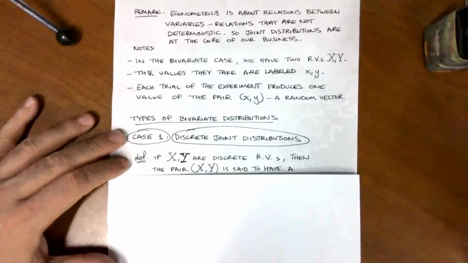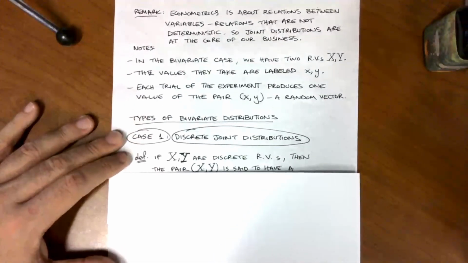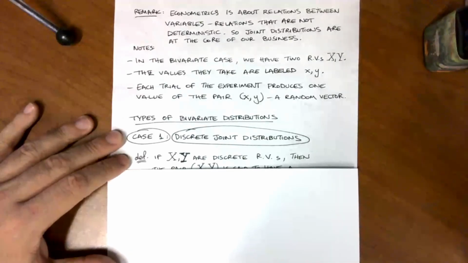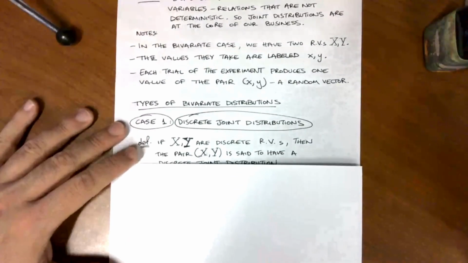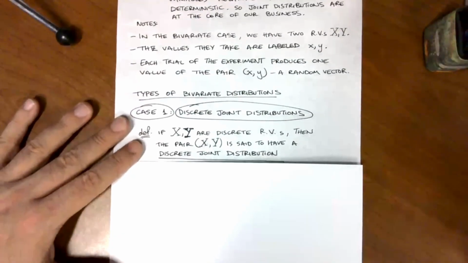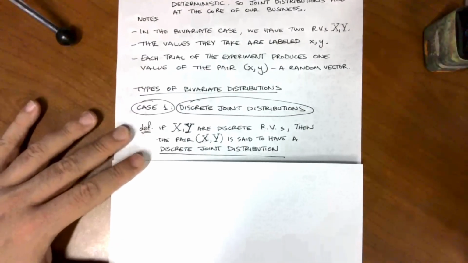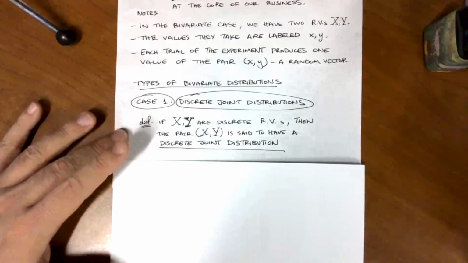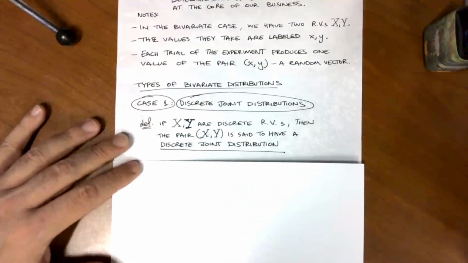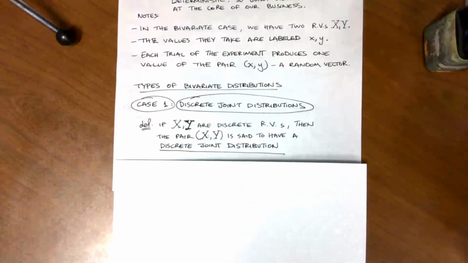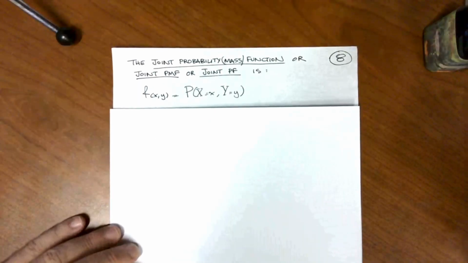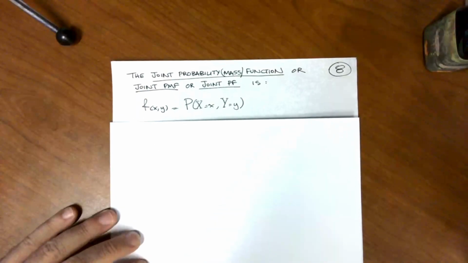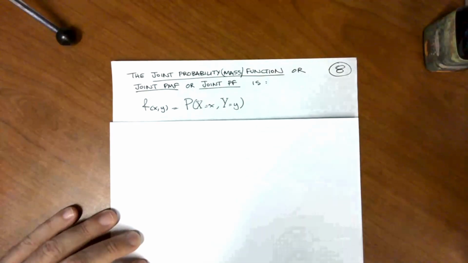As you can imagine, we're going to be talking about discrete joint distributions and continuous joint distributions. So our first case has to do with the discrete. If X and Y are discrete random variables, then the pair is going to be said to have a discrete joint distribution. That hopefully is quite obvious for everyone at this point. And for the discrete case, we're going to be defining the probability functions, or the probability mass functions, as follows.